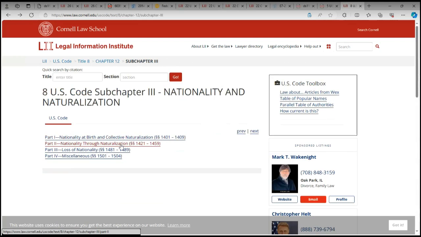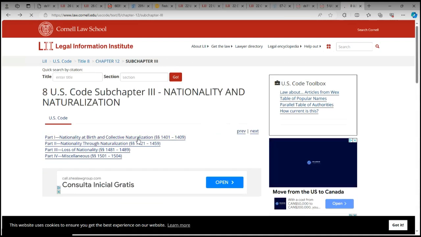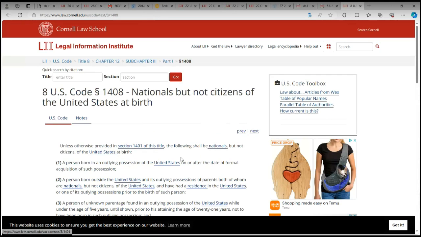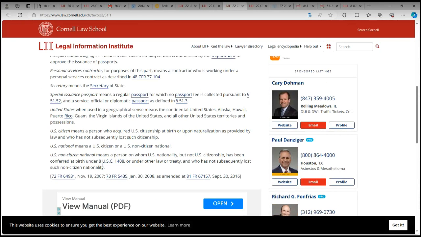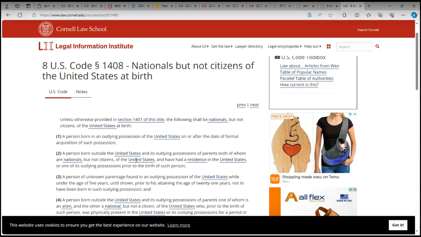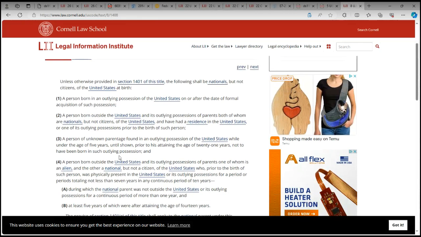So going back to 1408. This definition here is applicable only to the passport, because they told you 1408. So they're not talking about 1401 definitions here. They're saying, unless otherwise provided in section 1401 of this title, the following shall be nationals but not citizens at birth.